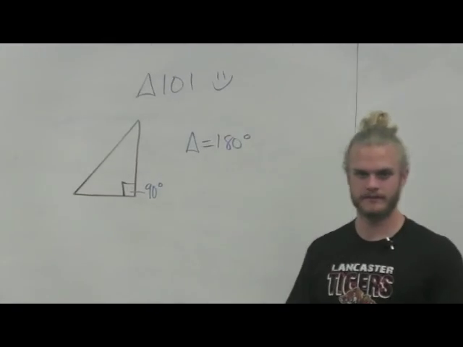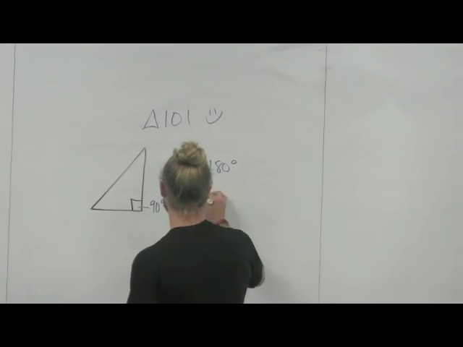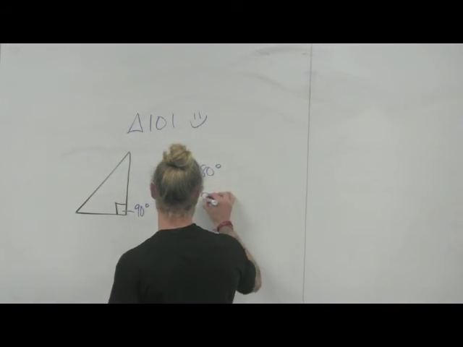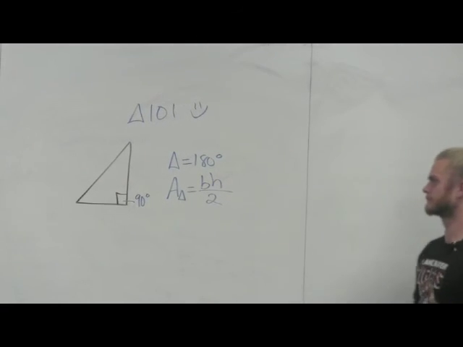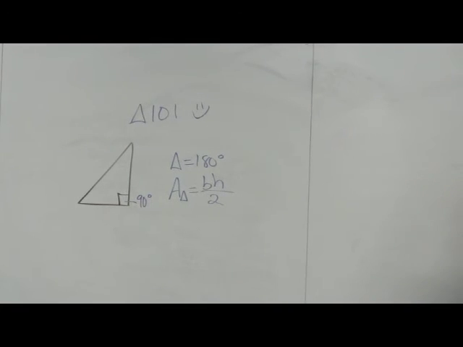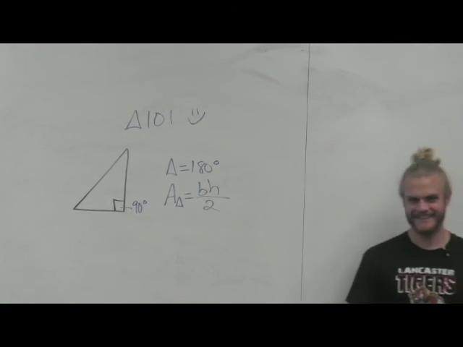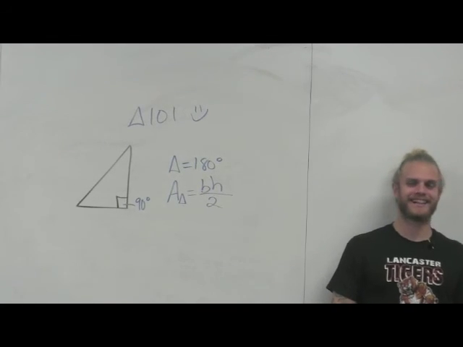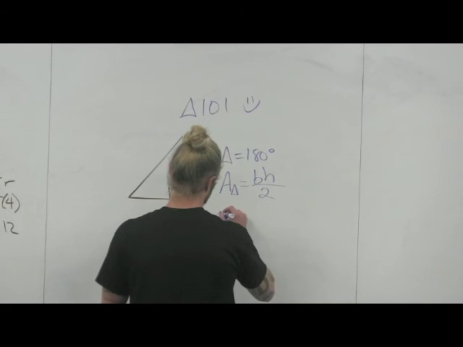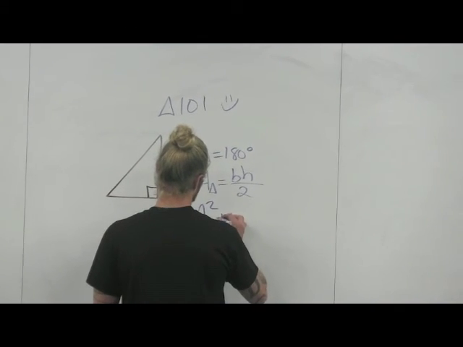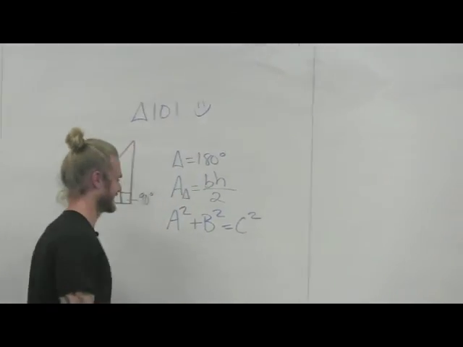So far, so good. Area of this triangle equals base times height over 2. And then the most classic of all math things of all time: A squared plus B squared equals C squared.